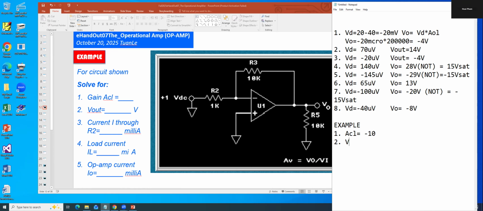You know V out equals minus ACL times V in. That was minus 10 times. What is V in? 1 volt.